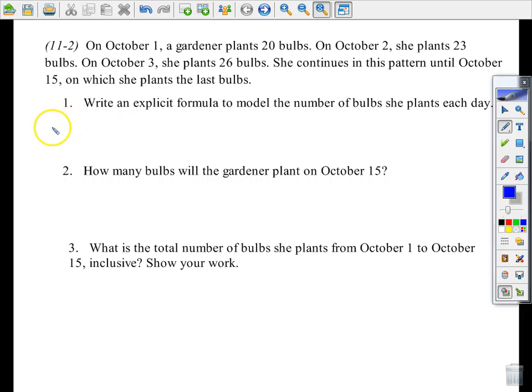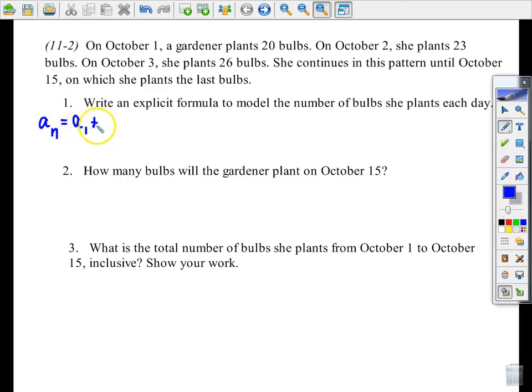So let's first get you once again exposed to the explicit arithmetic formula. This helps you find any nth term of an arithmetic sequence, and then we'll fill in the actual numbers. You can find any nth term by taking the first term plus, don't forget plus.